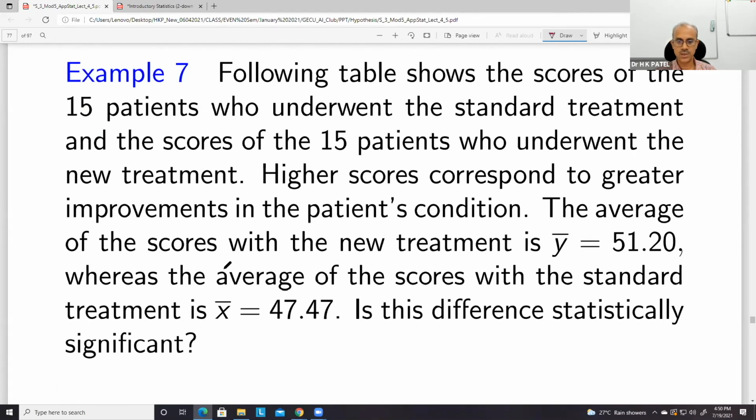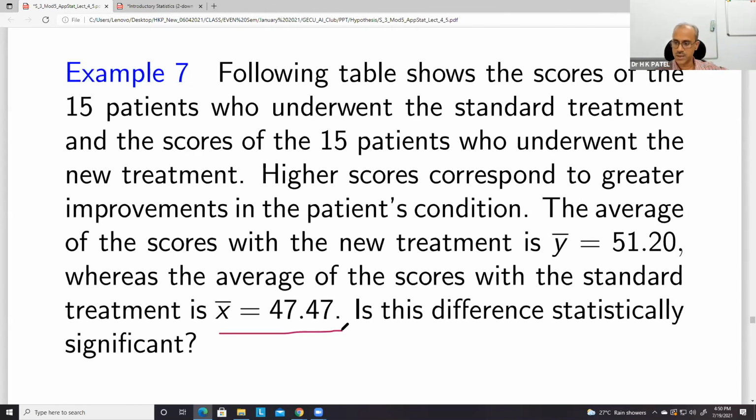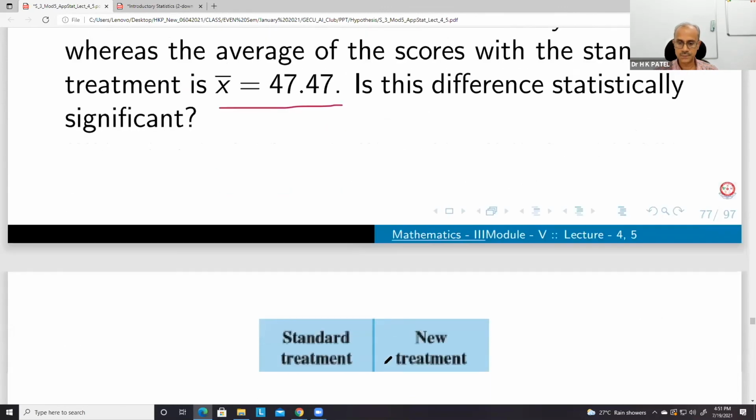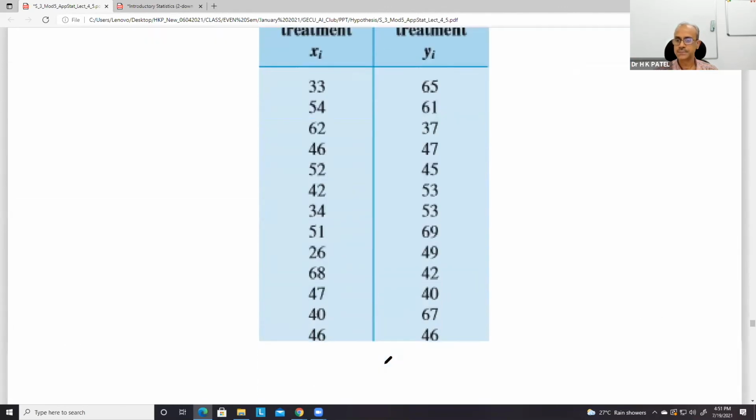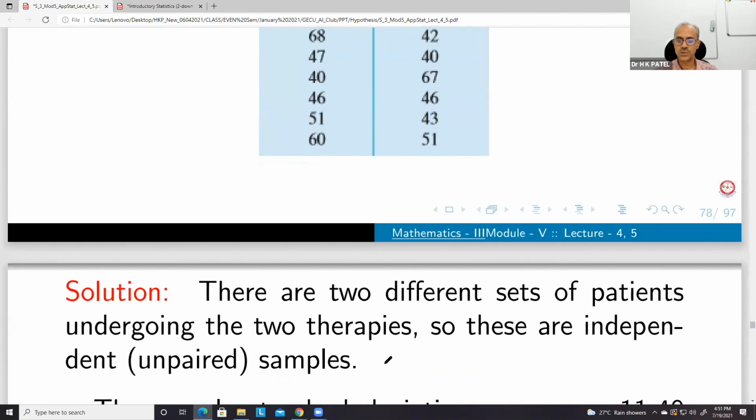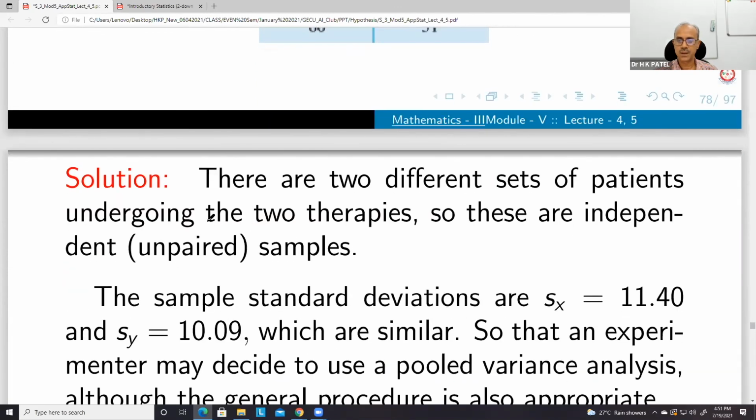The average of the scores with the new treatment is this, and the old or standard treatment is 47.47. Is this difference statistically significant? That we have to check. There are two different sets of patients undergoing the two therapies, so we have unpaired samples.